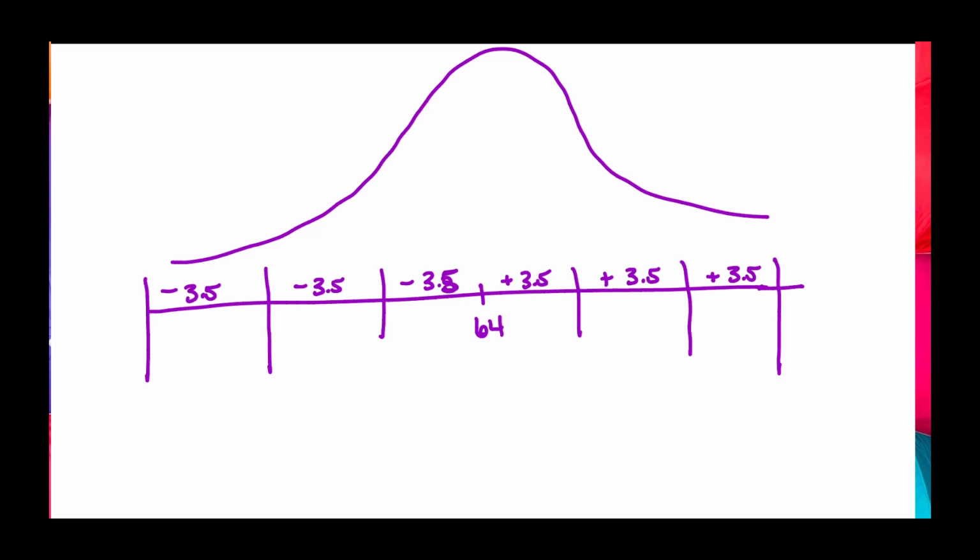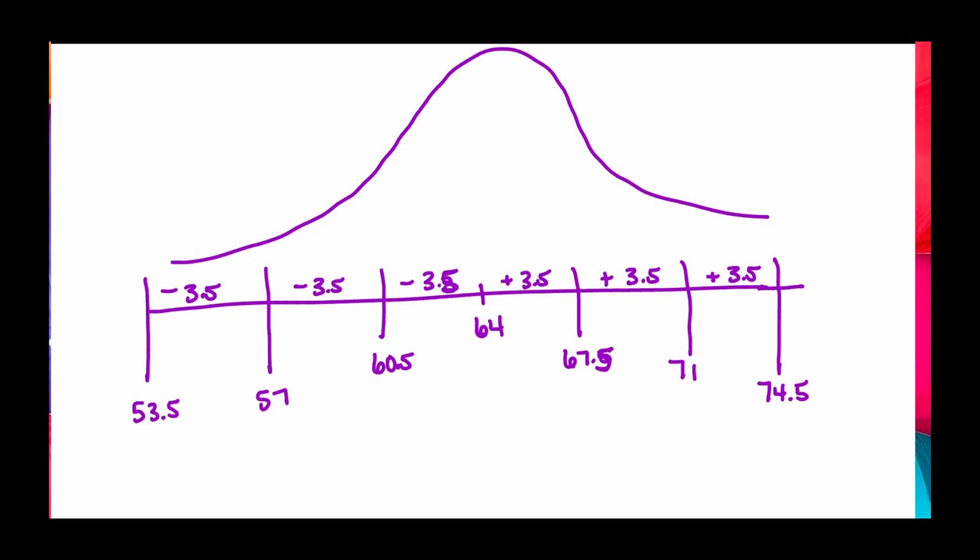And I'm going to fill in the numbers that I got. When I added 3.5 once, I got 67.5. If I added the second time, I got 71. If I added it the third time, I got 74.5. And then when I subtracted it, I got 60.5 and 57 and 53.5.